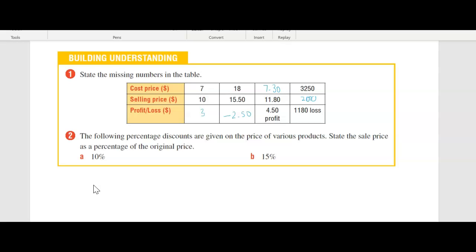So if we got 10% discount, it means we're now only paying for 90% of the item, whatever it is. Think about it like on your mobile phone, how you've got your little battery bar up the top. All right, so there's your battery. And when it's full, it's at 100%, which is always awesome.